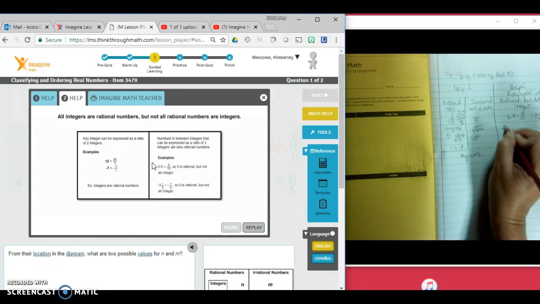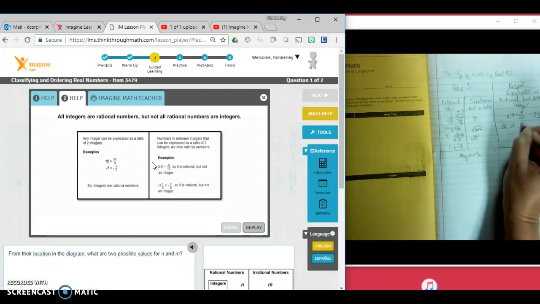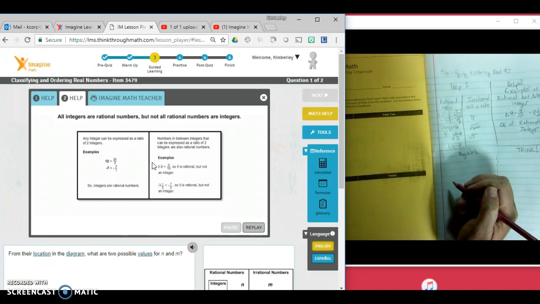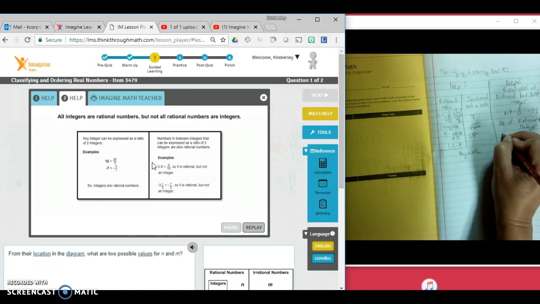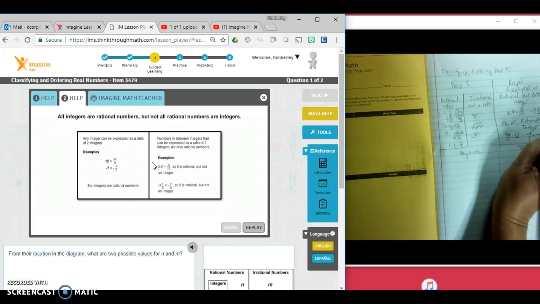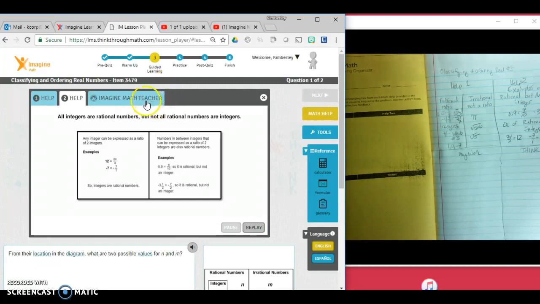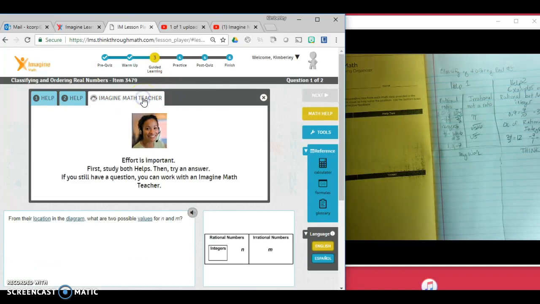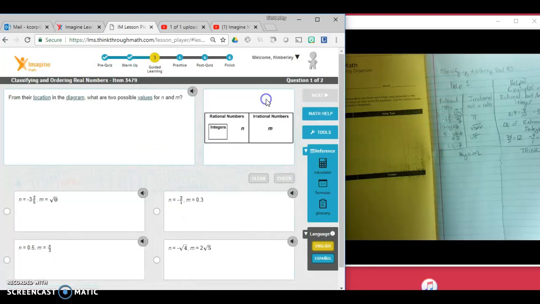Okay, then an example of rational and integer would be something like 24/2, or negative 7/1 is negative 7. So if you're still having trouble, you can click on the Imagine Math Teacher, and here it says, first study both helps, then try and answer. If you still have a question, I can come back and ask.